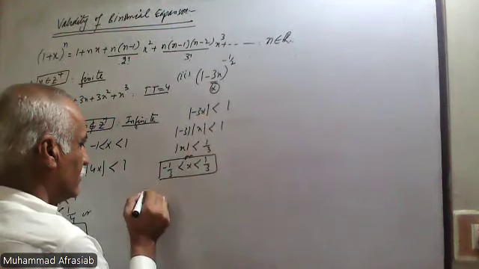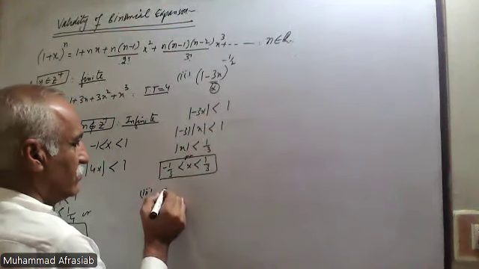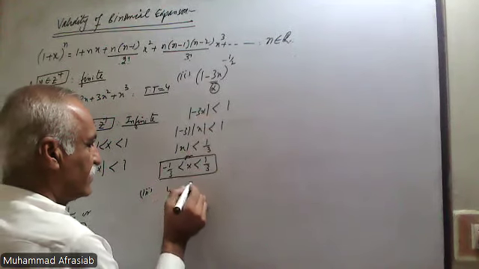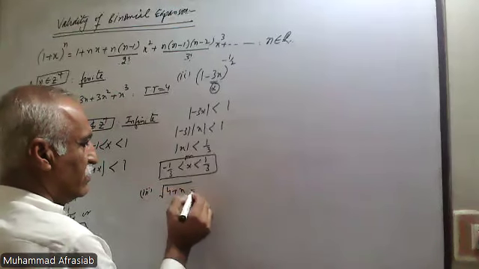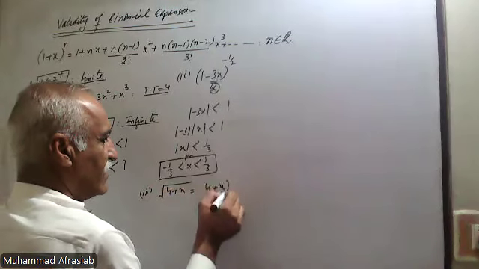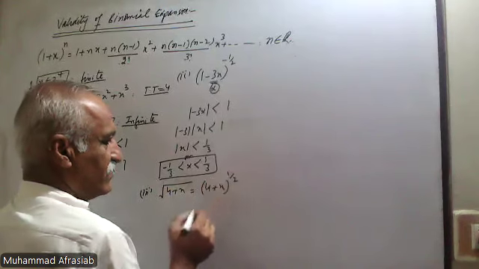Suppose we are given the square root of (4 + x), which becomes (4 + x)^(1/2).